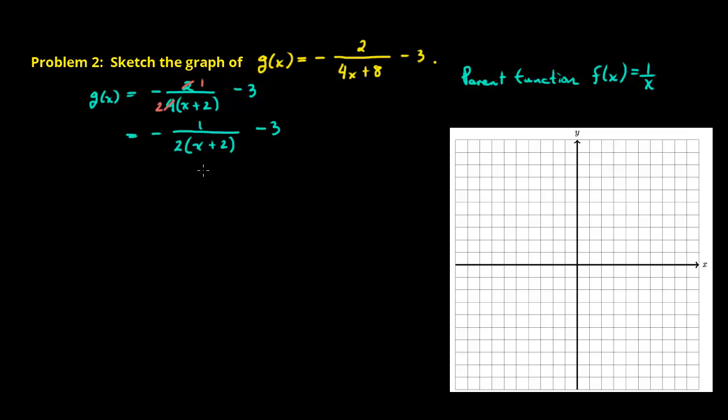So next, let's go ahead and identify what our a value is, what our k value is, what our d value is, and what our c value is. This question is a little bit interesting because there are two different options for what k is and what a is.